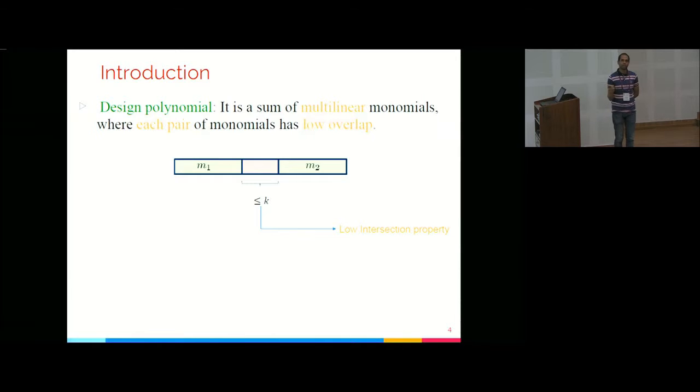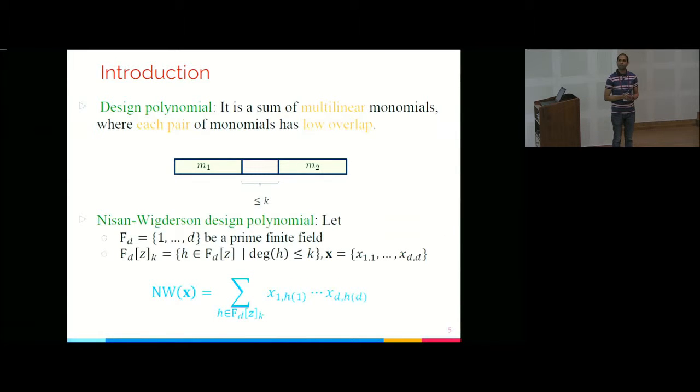Here is a useful example of such a polynomial. This is called the Nisan-Wigderson design polynomial. It is defined as follows. First you take the finite field F_d, where d is a prime number and the elements are 1 to d. Then you take the set of univariate polynomials over F_d with degree at most k.